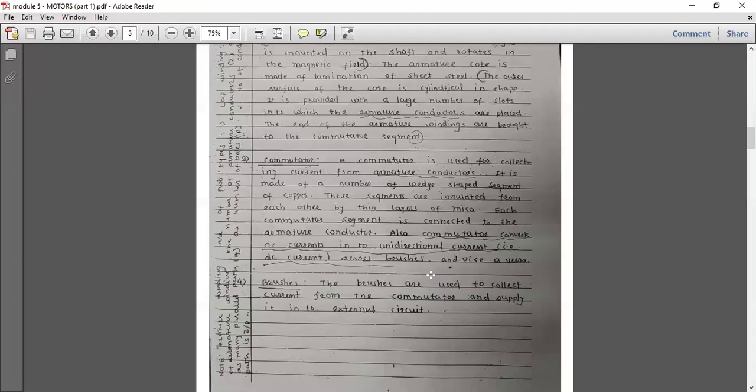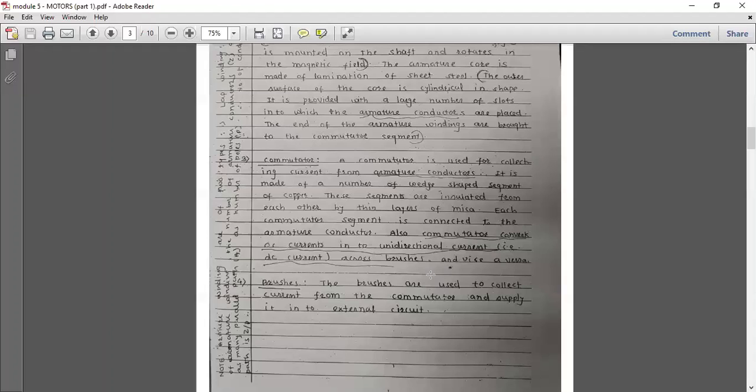In the field winding, a magnetic flux is produced with respect to the DC motors. Then the second part is called the armature core. In the armature core, again the current is flowing, and in the armature core there are armature conductors. Now, the commutator is kept at an end of the armature.